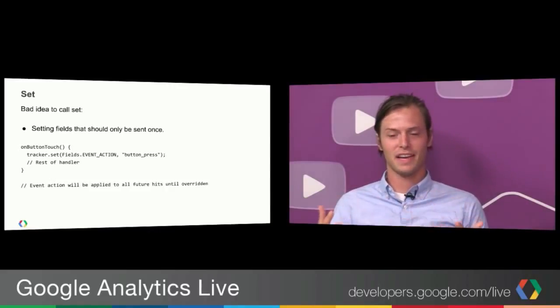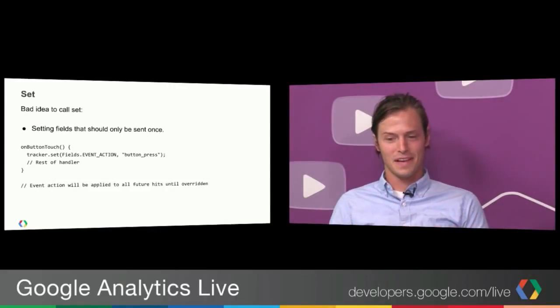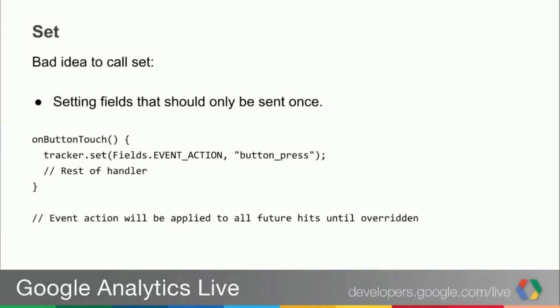If you have some kind of handler and you happen to set an event action or any of these event fields, those should only be applied to that one event. But if you set them and then send other events without providing values, you're going to end up sending those event fields with every hit, which is probably not what you want. So this is a bad example of what you would use the tracker set method for.